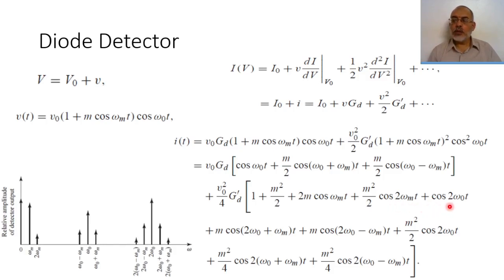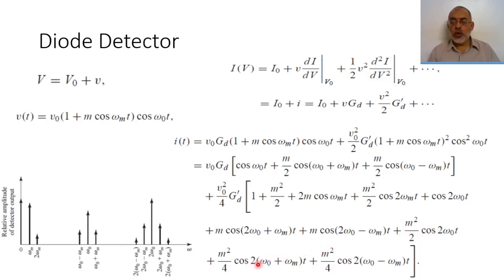We have a component which has a frequency twice the carrier frequency, and we have third order intermodulation frequencies, which are 2 omega naught plus omega_m and 2 omega naught minus omega_m. Once again, we have another component which has twice the carrier frequency.